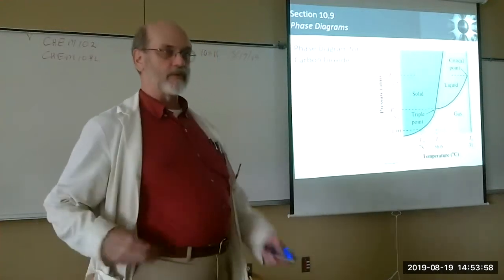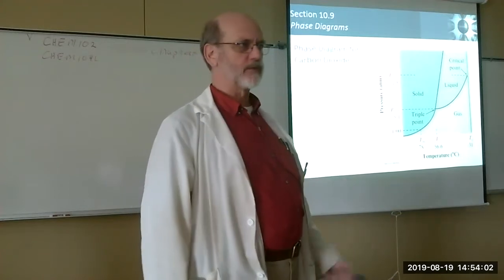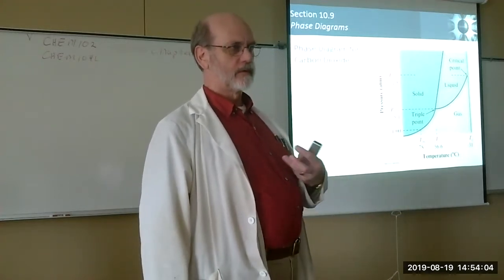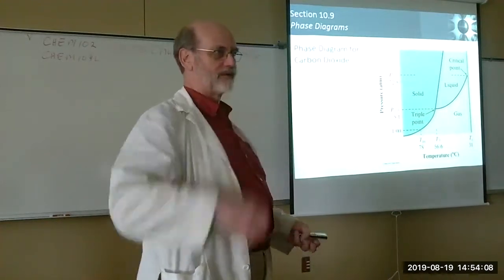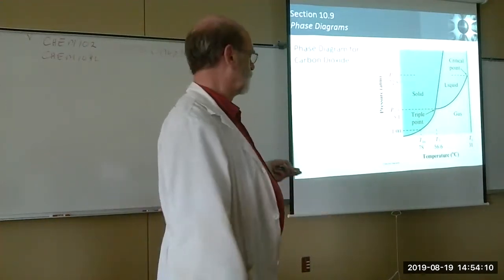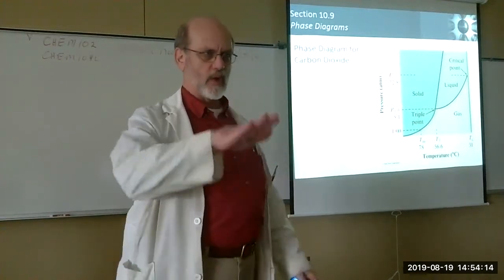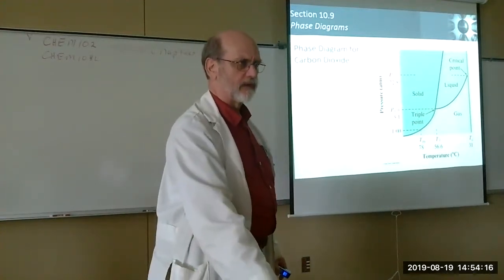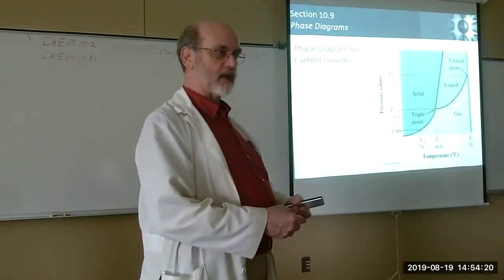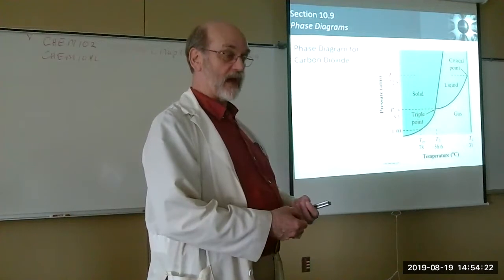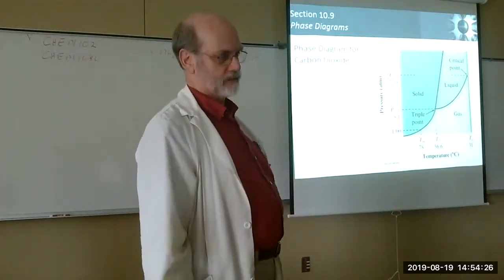That's why when we freeze dry stuff, like freeze dry vegetables, fruits, coffee, to make those Folgers crystals, you decrease the pressure. You go way, way low pressure. Then as you add heat, you vaporize the solid water, the ice, into a gas. That's freeze drying.